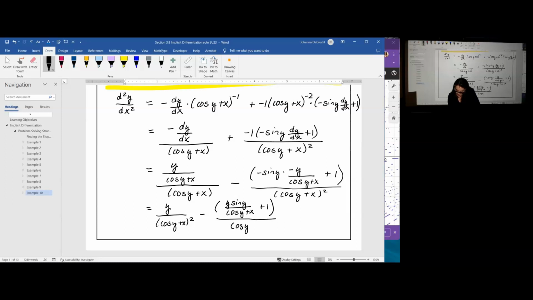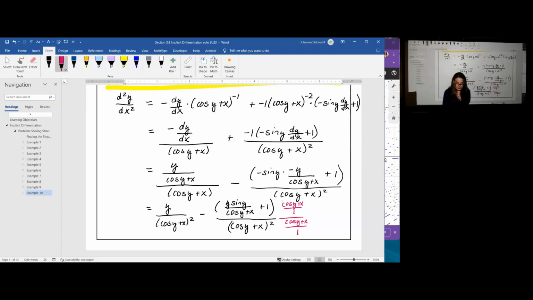And that, in fact, turns out to be just the cosine of y plus x. When I multiply by cosine y plus x over 1 over cosine y plus x over 1, I can then rewrite it in a better form.